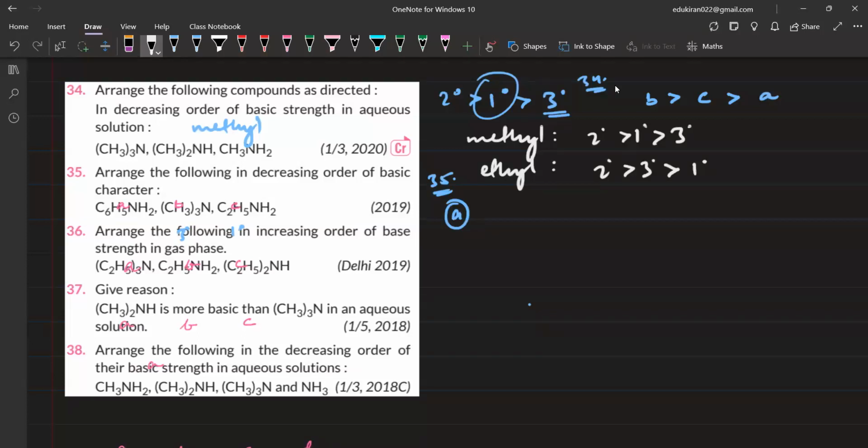Here you can't do much. You have to, 2 degree. Now in this you will have to answer by looking at the pKa also. This was not a good question, okay? Hopefully such a question does not come. Then you would have to memorize, memorize pKa also, but that's not what is generally expected. Hopefully here, when you are having C2H5, ethyl group in 1 degree, the 1 degree of the ethyl group and the 3 degree of the methyl group. So if I compare, 1 degree will be having a lot of hydrogen bonds, so solvation will be better here. So hopefully A will be the least, and after that you will have the 3 degree, that is the B structure, and after that you will have the 1 degree, that is the C structure.